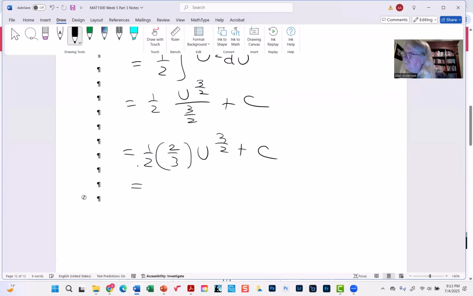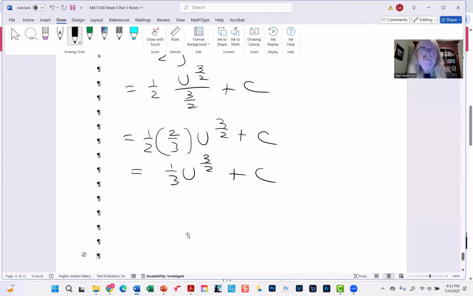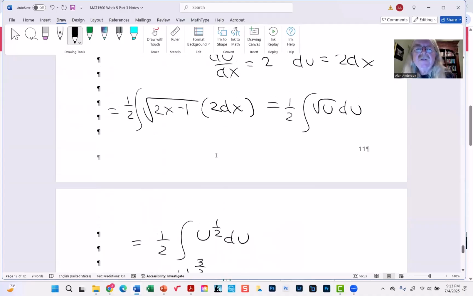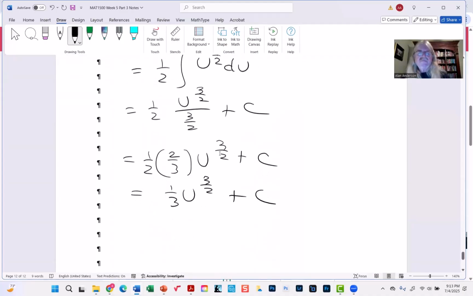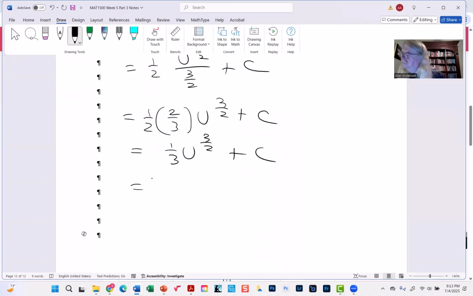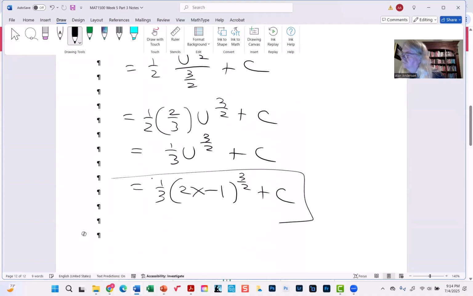So we end up with 1/3 u to the 3 halves. And remember, we chose u to be 2x minus 1. And there it is.